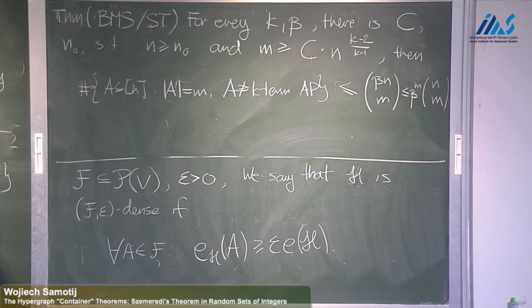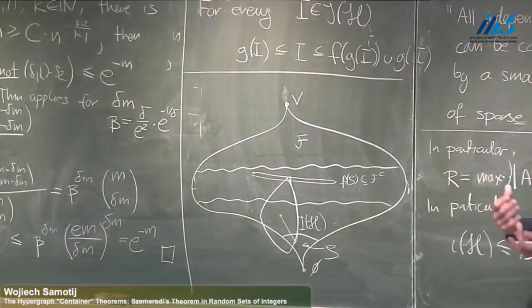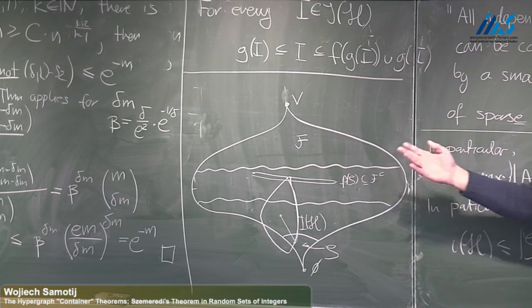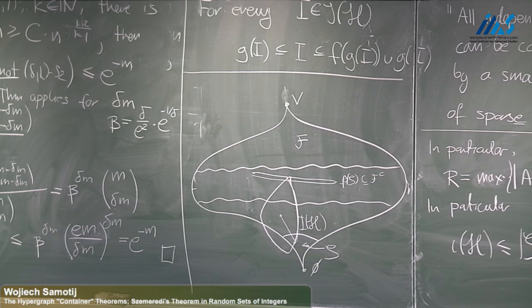And in order to prove that this family F could be taken as the family of all sets with at least, say, delta n elements, I will need to use Szemeredi's theorem as a black box, because I'm not claiming that I'm able to give a nice proof of it.